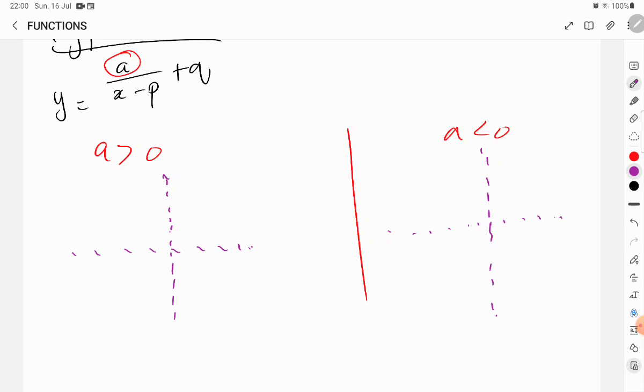There we go. So if a is positive, you'll find that your hyperbola or your function will be on these two opposing quadrants. For me, I picture it as if these asymptotes are creating a new system of axes in a way.